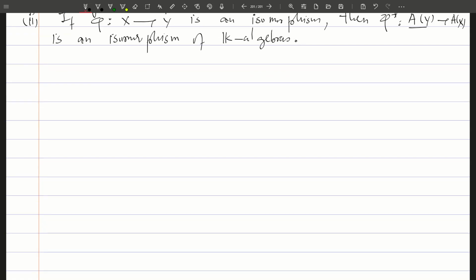Now we want to define morphisms. So we have the definition. Let us consider x and y to be varieties. So let us suppose they are varieties.